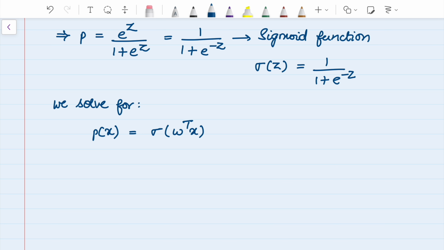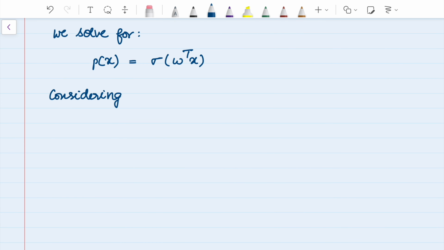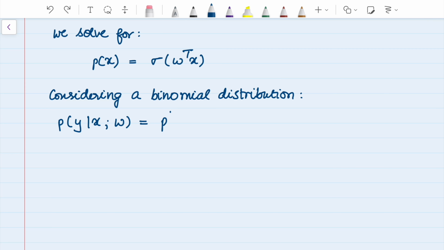of W transpose x. Considering a binomial distribution with probabilities p and q, we have the probability of y given x and w equals p^y times q^(1-y).